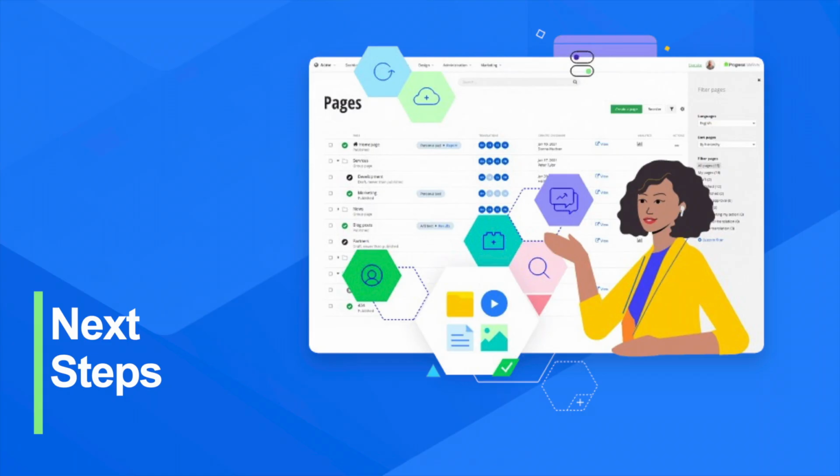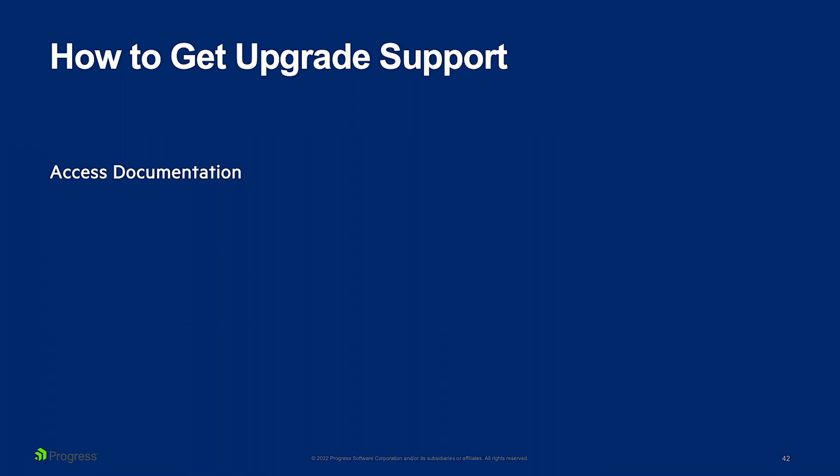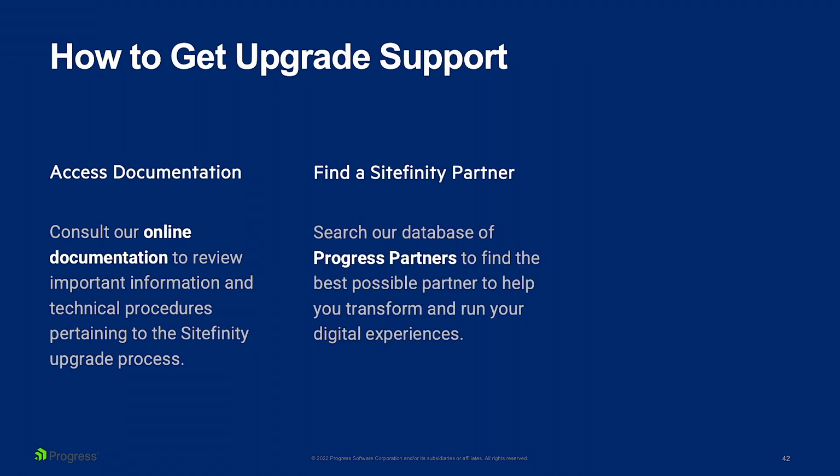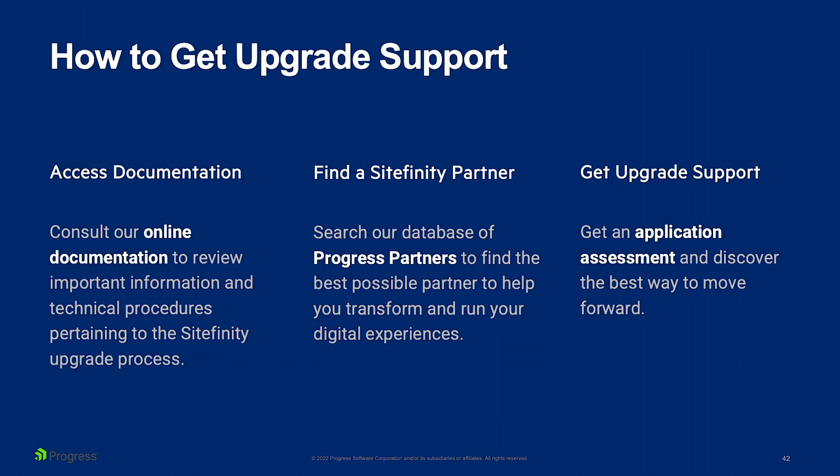So with that in mind, what are the next steps? If you are considering an upgrade, your options are obviously to consult documentation, and we try to keep the documentation always up to date, but we will also be more than happy to receive feedback. Alternatively, use the partner locator on our website or contact your existing Progress partner to find the best possible way to move forward and to transform and run your digital experiences.